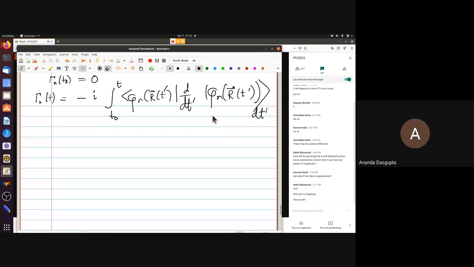But now let me just remind you of one thing. Why does the eigenvalue depend on time ultimately? Where does the time dependence come from?